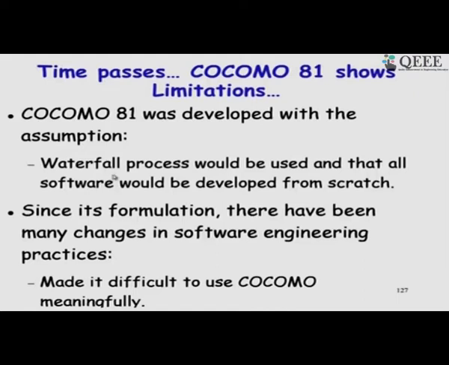Now that the function point is there, it should take care of that, at least in the beginning of the project. Later, as there is more clarity on the lines of code, maybe you can use lines of code, but initially we need to use the function point. So, these are the main objectives with which COCOMO 2 was proposed.